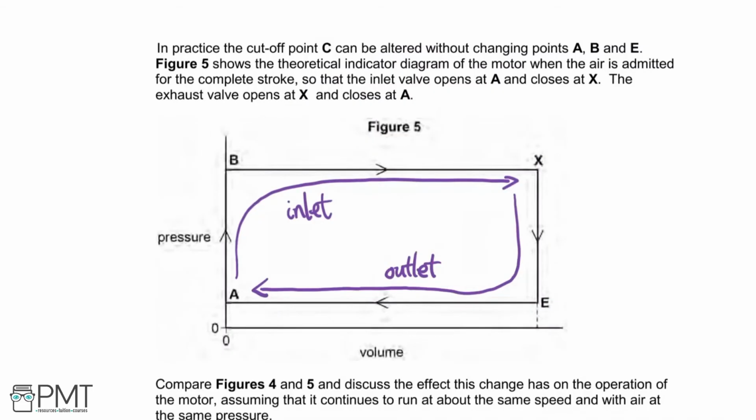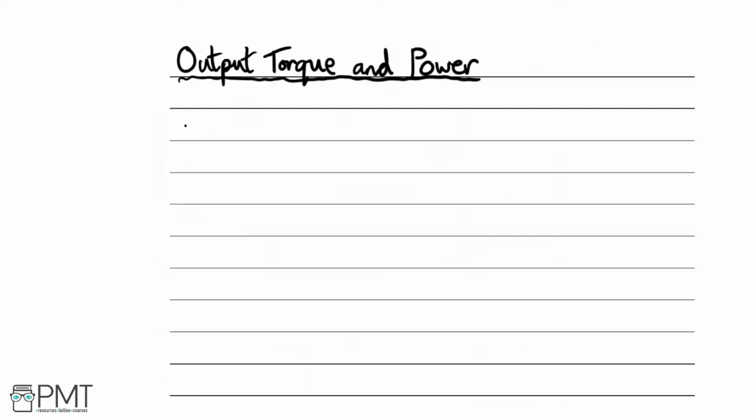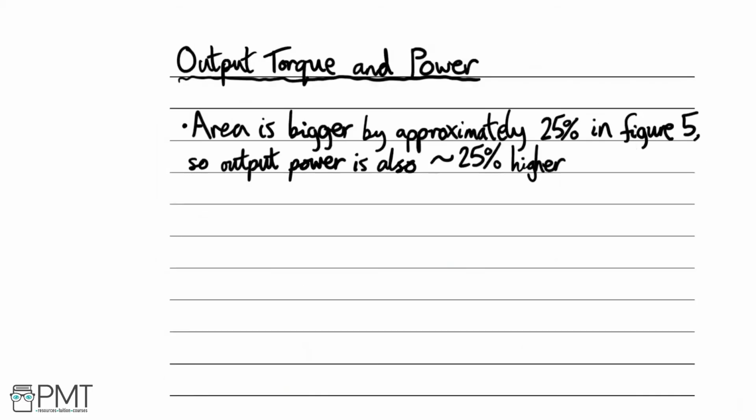The area is bigger by roughly 25%. So if we're increasing the area by about 25% because we've no longer got that corner cut off, the output power is also going to be about 25% bigger, because remember the area is an indication of the energy or the work. Now the other thing to say is that the average pressure is going to be greater.